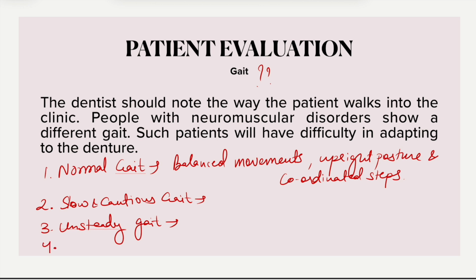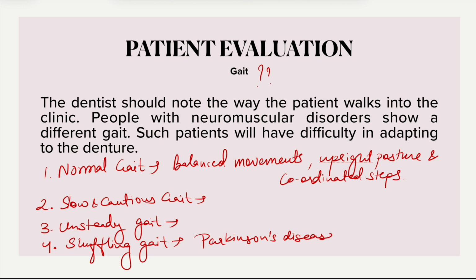Then we have shuffling gait. This is commonly seen in Parkinson's disease. Patients may have difficulty controlling denture due to impaired muscle coordination.